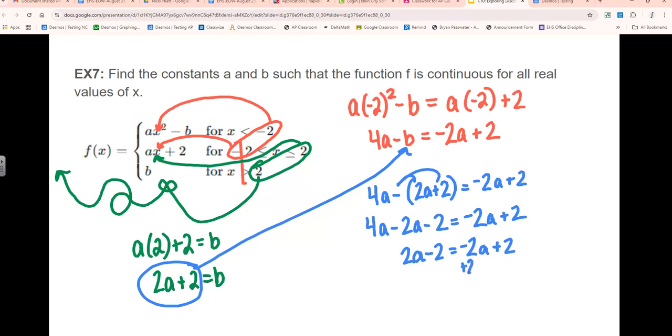I'm going to add this 2a to get it over here to this side. 4a minus 2 equals 2. We're almost there now. We're going to add this 2. 4a equals 4. So then I just divide, a equals 1.